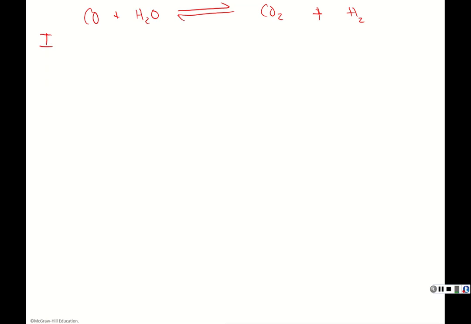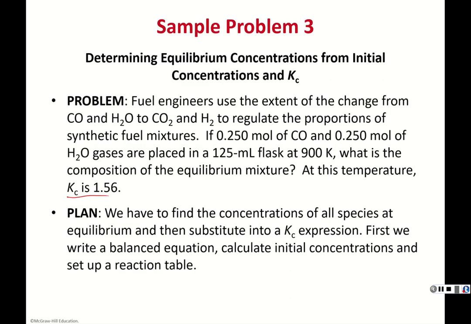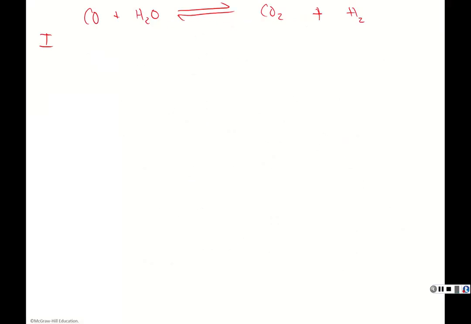We're given a value for carbon monoxide and H2O gases, and we're told we have 0.25 moles of them in 125 milliliters.